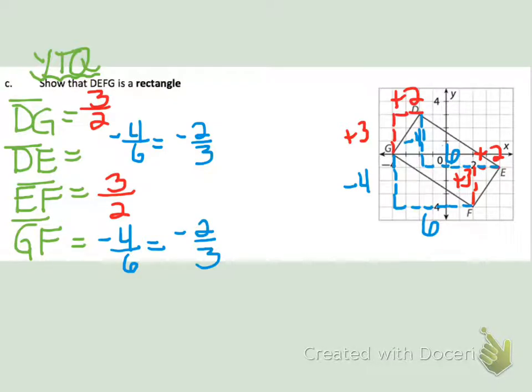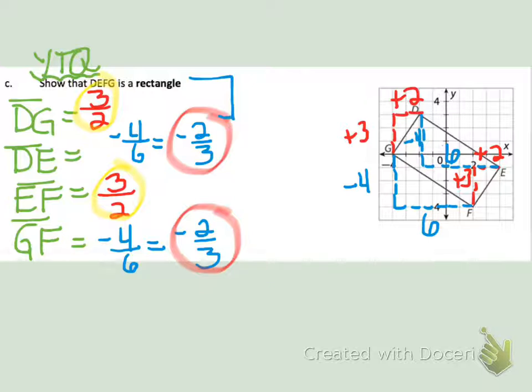So thanks for giving that a try, and you can see from the calculations that your opposite sides are parallel, but more importantly, what we're trying to show is that the consecutive sides, the sides that are next to each other, each pair of consecutive sides has opposite reciprocal slopes.